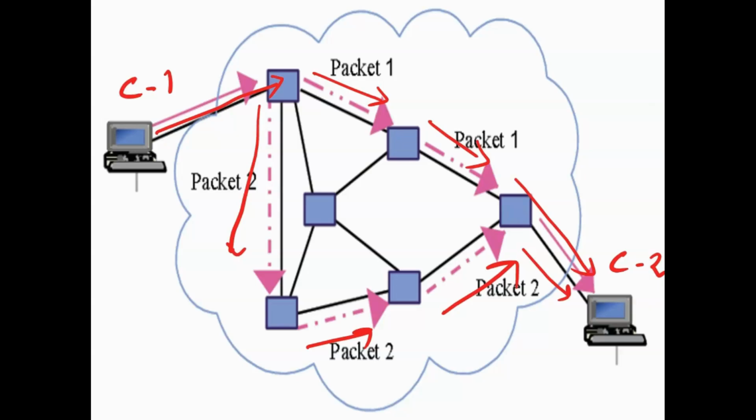So the message is split into two, three or more parts and converted into packets of fixed size, and then transferred from computer 1, the sender, to computer 2, the receiver. Hope you all understand.